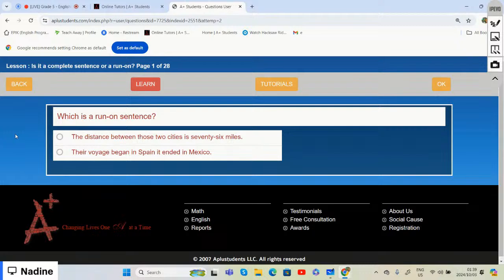Let's try again. Look at the sentence, right? One of the sentences has two sentences that can stand on their own. Look at the sentence again.